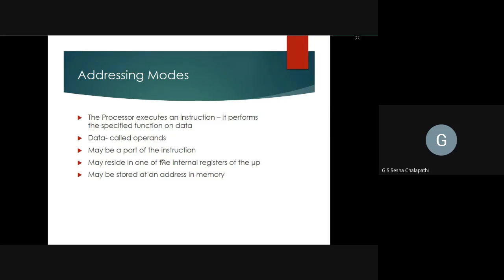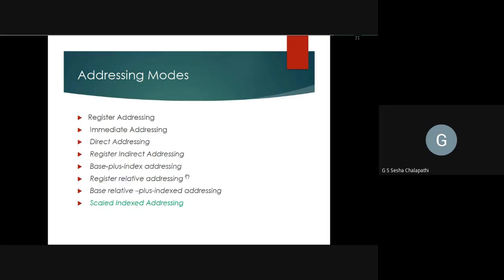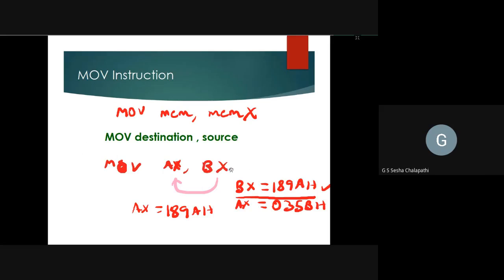The operand can sometimes be part of the instruction, or it can be a register. In the example we have seen here, this is a register, and this is also a register. I can instead have the source present inside the instruction only. We'll see some examples in the coming slides. The source can be immediate data, which is part of the instruction itself, or the source can be a memory location.